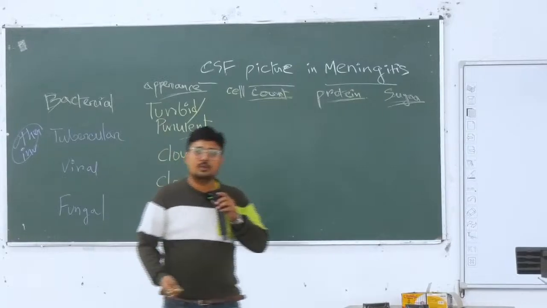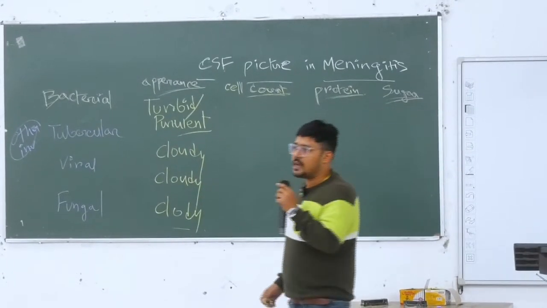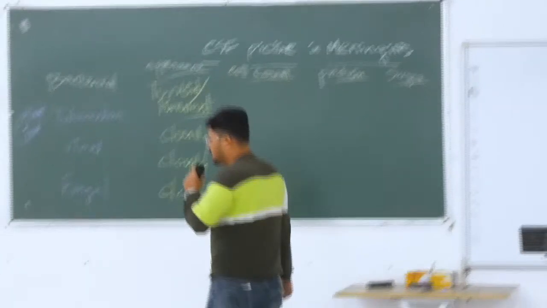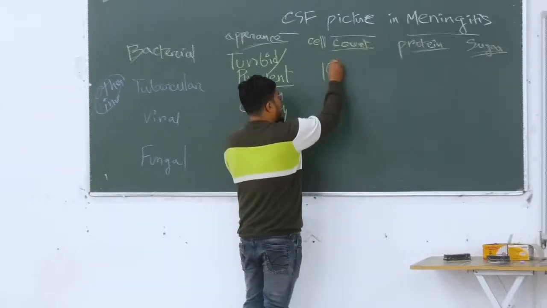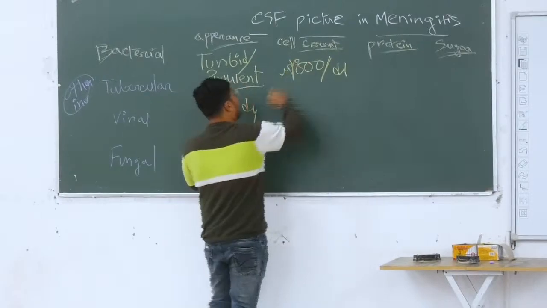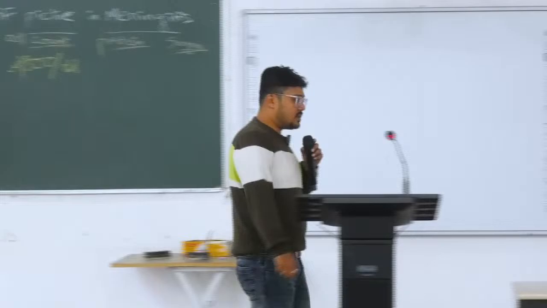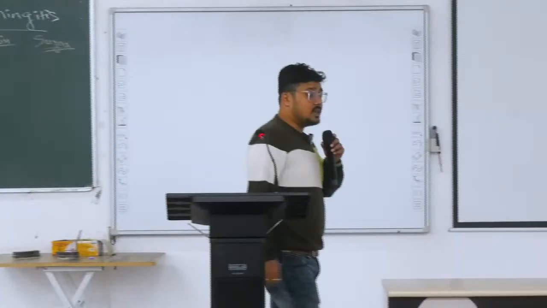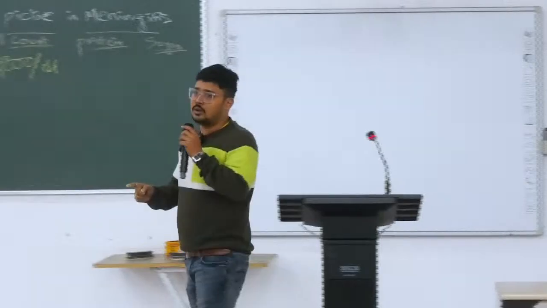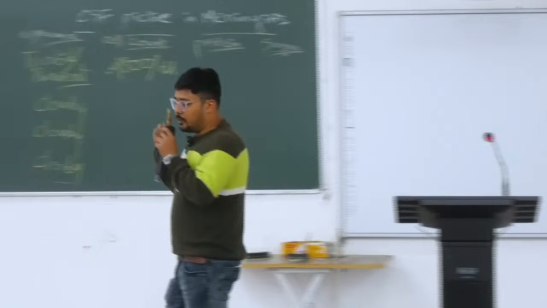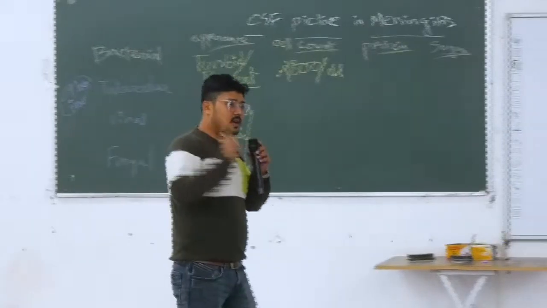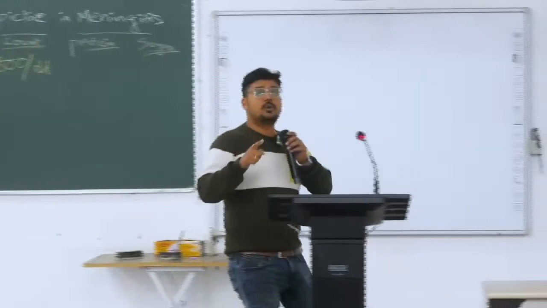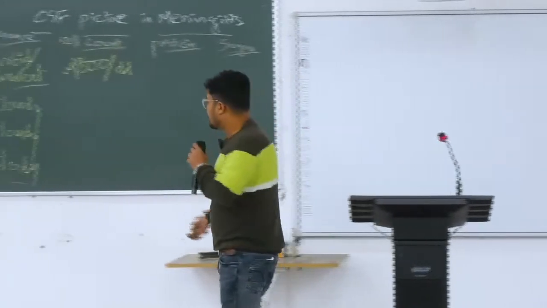In bacterial meningitis, the cell count of CSF will be much higher and it can go up to 1000 per dL. It may be more, but from the text and the evidence, we can see that the cell count of cerebrospinal fluid in bacterial meningitis is much increased.